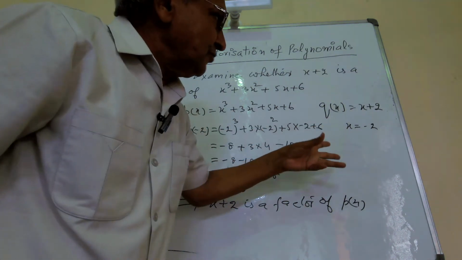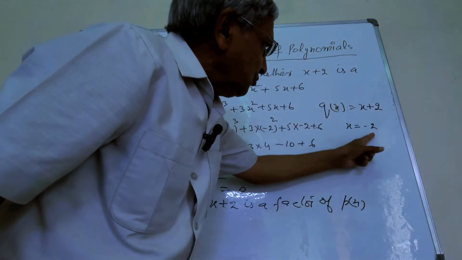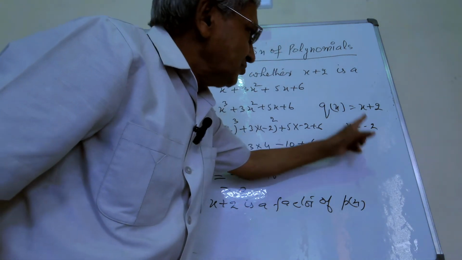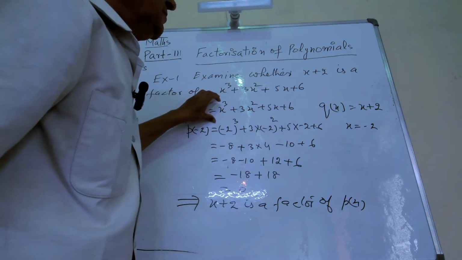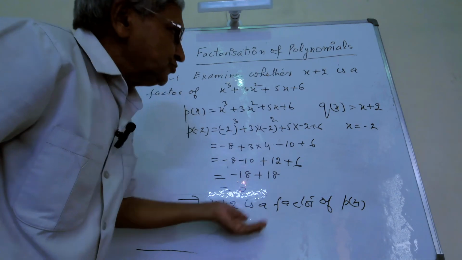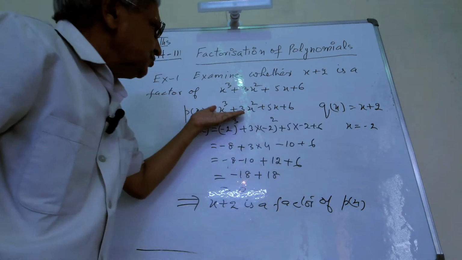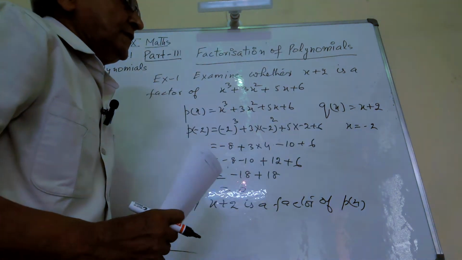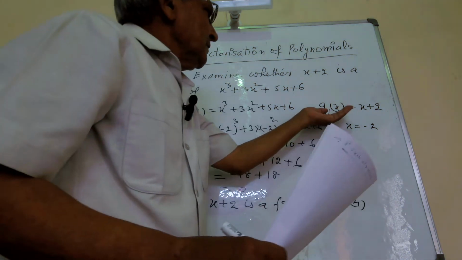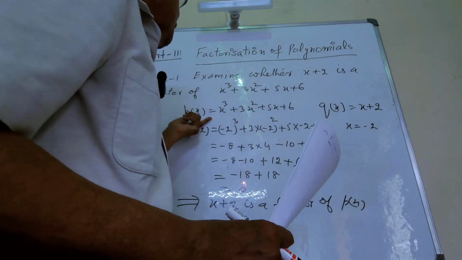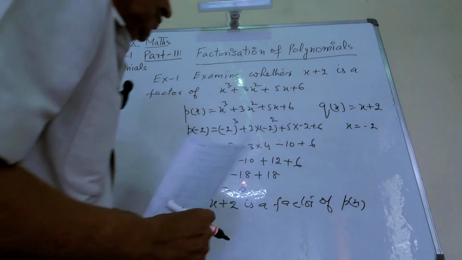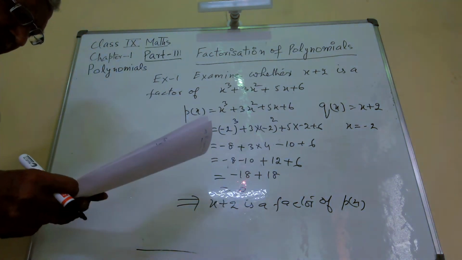And one more thing: by the remainder theorem, minus 2 is the zero of this polynomial, because this value makes the polynomial 0. So with the help of the remainder theorem, we can check whether q(x) is a factor of p(x) or not.